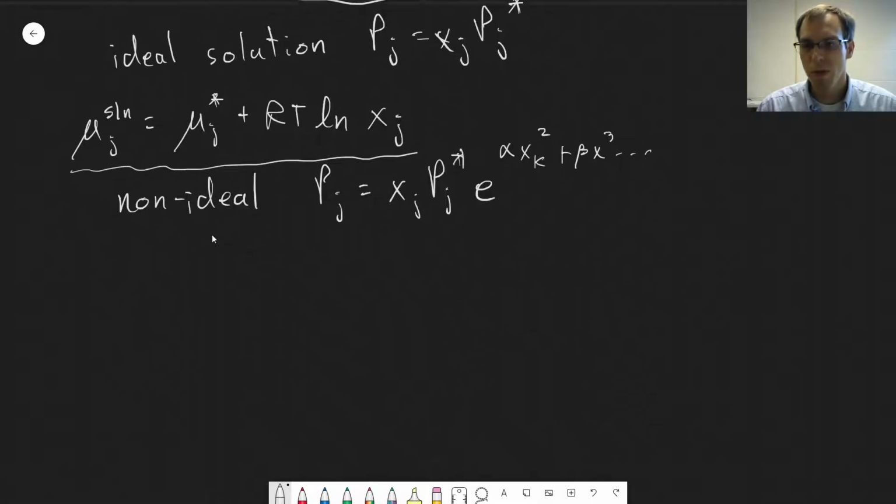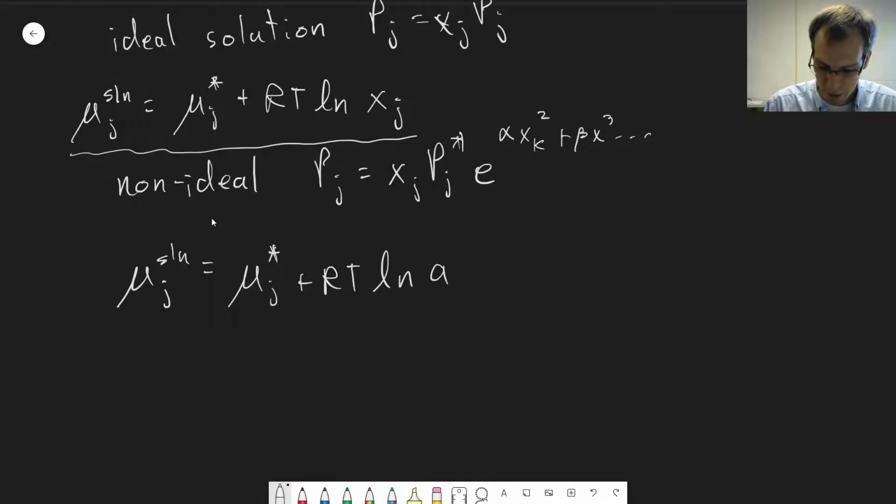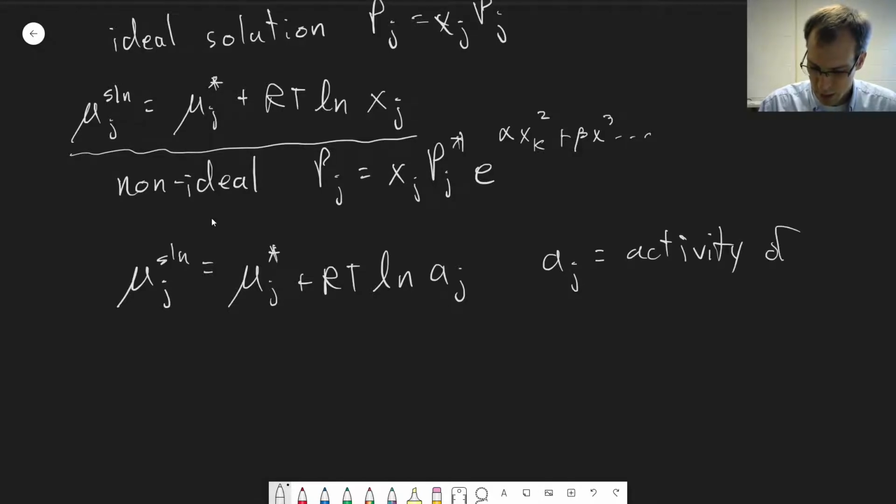And so what we do for a solution is define something called an activity, such that the chemical potential of our solution is equal to the chemical potential of the pure substance plus RT times the natural log of the activity. So that's this A here. A sub j is the activity of component j. And it's just like a fugacity, it combines all the non-ideal behavior into it.